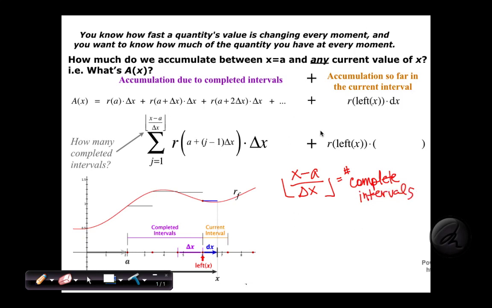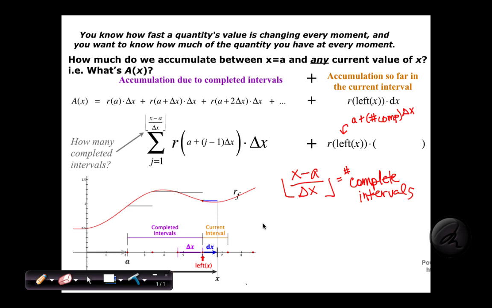If I hadn't worked out this left of x, I could write that expression. Left of x was a plus the number of completed intervals times delta x. I'm just going to abbreviate number complete. Because if I add on how many complete intervals there are, it was 1 less than the interval number I'm on, and so forth.